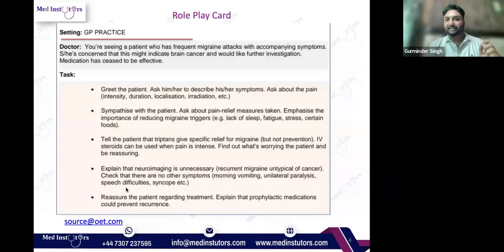Yes, we need to make sure that all the pointers from the beginning are in a well-structured manner, and that we have not unnecessarily exceeded or expanded any point. We need to be to the point. We should not add a lot of information from our side. Whatever is written, we just need to elaborate on these pointers. So we'll come back to this part. Let's move to the next, and then we'll have 4 more questions on this.